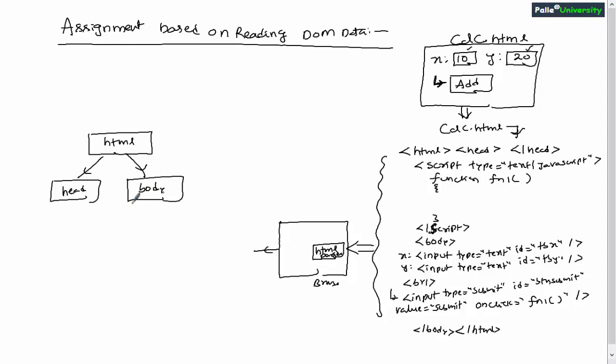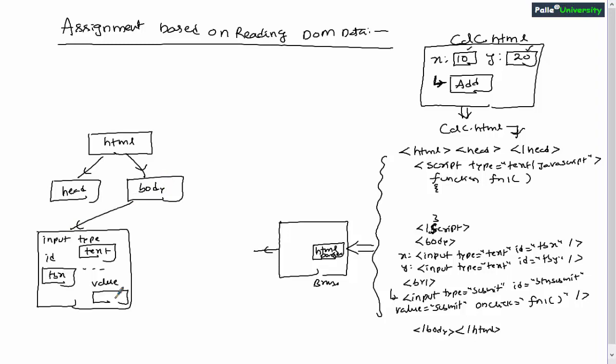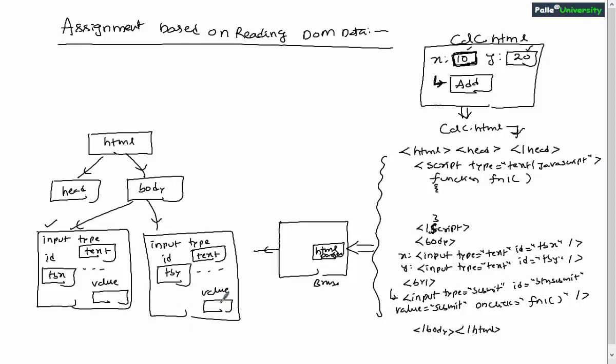Inside the body node approximately you will see the first text box node something like this. That is the node representation of this text box or this code. Believe you understood. Similar way for the next text box you will see the node something like this, and similar way for the button control approximately the node will be appearing like this.